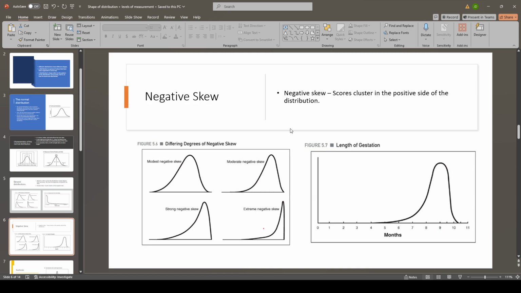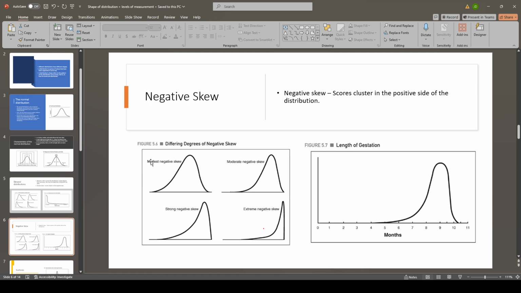It hangs out towards the negative end, and then you have pregnancy gestation as a negative skew, where most of the time the distribution hits at around 9 months, 8.5 months, something around there, according to the data here on the length of gestation. You can see the tail start popping out towards the premature birth rate, and sometimes women will carry 10 months.